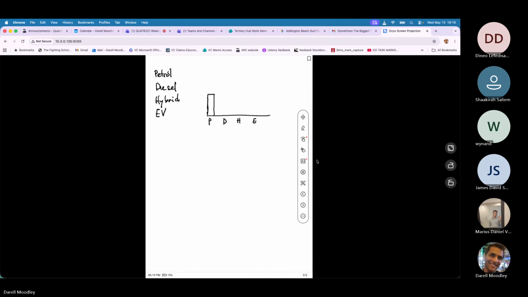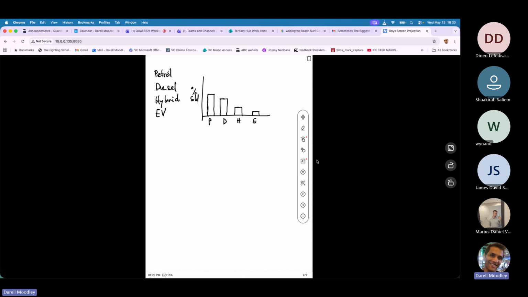That's the sales you had for petrol. On your y-axis, you're showing the percent of all the vehicles you sold, so this is how it's broken down. Second, you had diesel. That was your next bestseller. Then you had hybrid vehicles, and lastly, electric. It wasn't too much for electric.